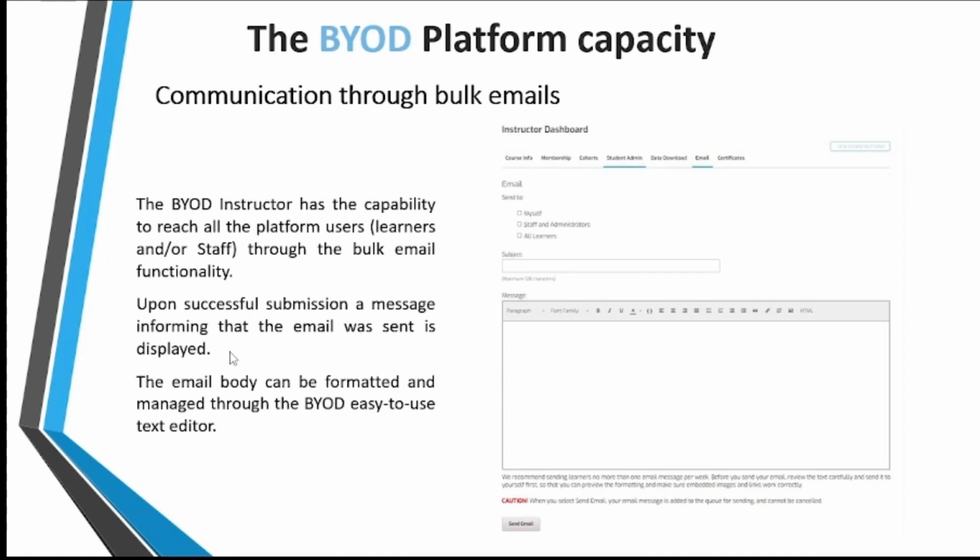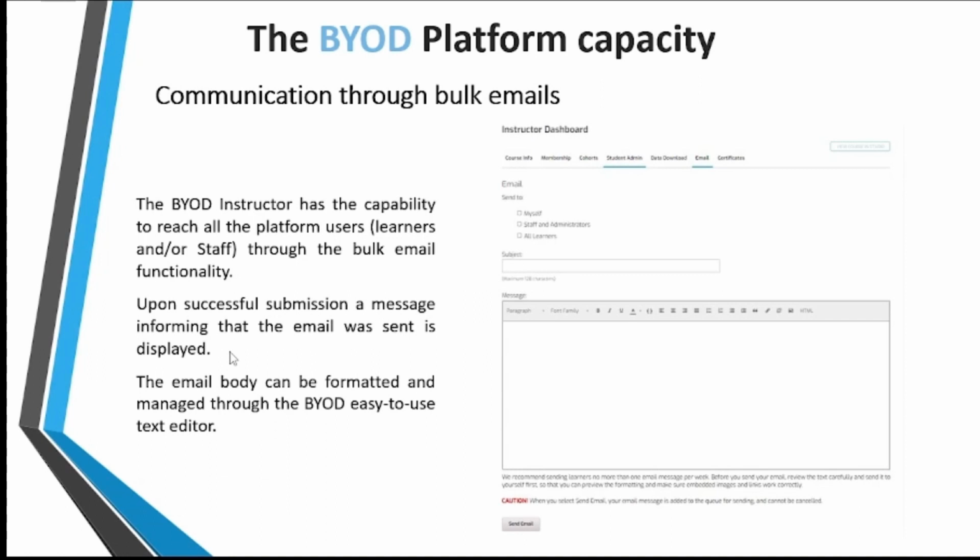We've described the bulk email functionality, and here we will detail that this promotes the communication intention for the project. So the BYOD instructor has the capability to reach all the platform users, learners or staff, through the bulk email functionality.